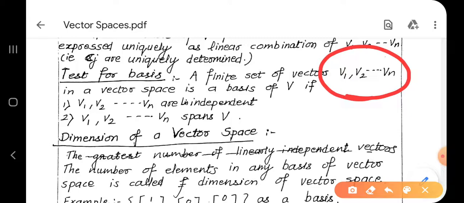Correct? And the second condition is that these vectors v1, v2, vn are linearly independent, means all scalars are 0. Understood? So these are the two conditions.